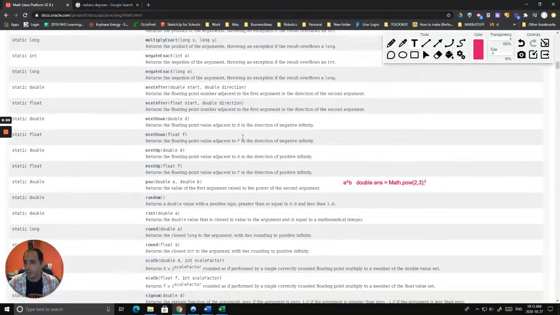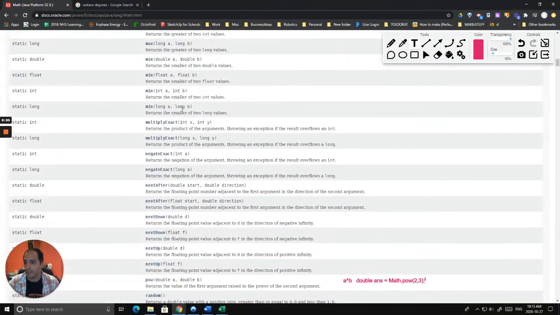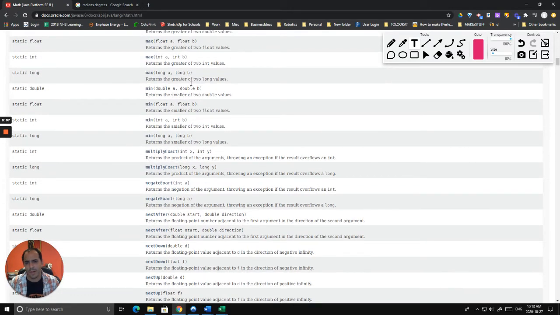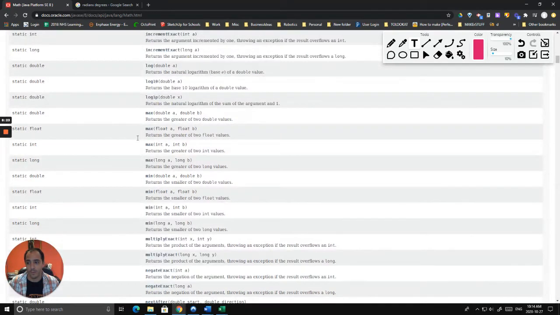Moving right along, we're going to look into minimum and maximum. I don't use these very often, but if you ever just need to make a decision between two numbers and know which one is bigger than the other, it's a little shorthand. You could do it with an if statement, but this is a shorter way of telling you which one is smaller or which one is bigger.